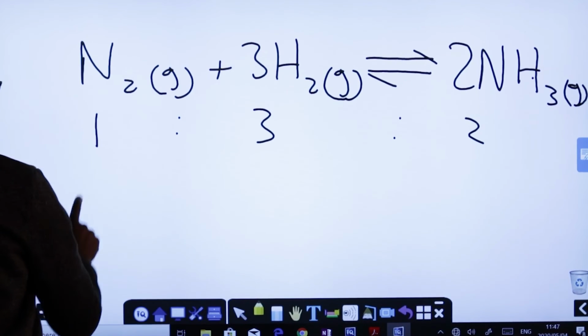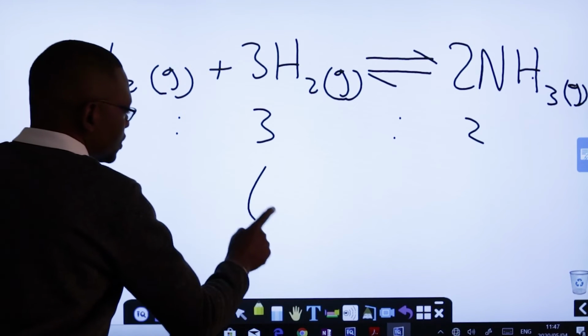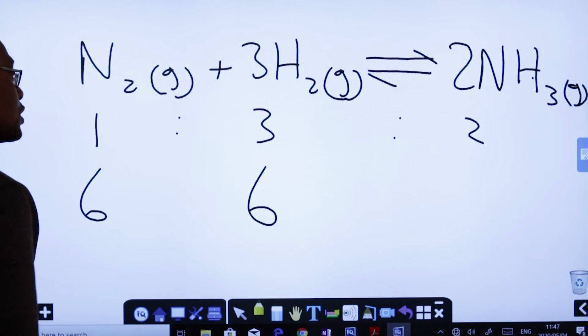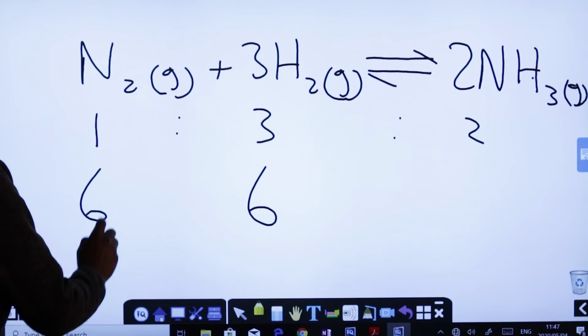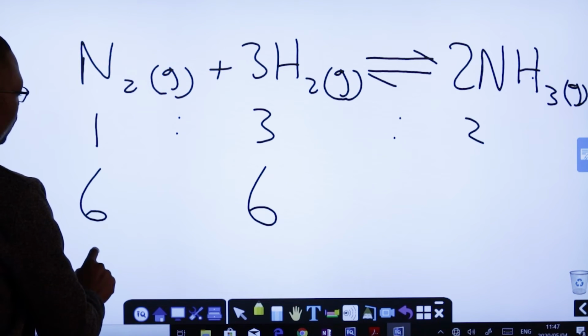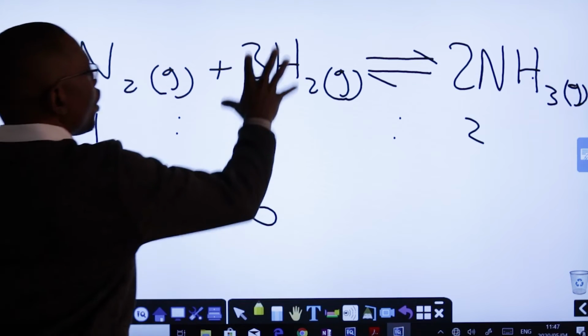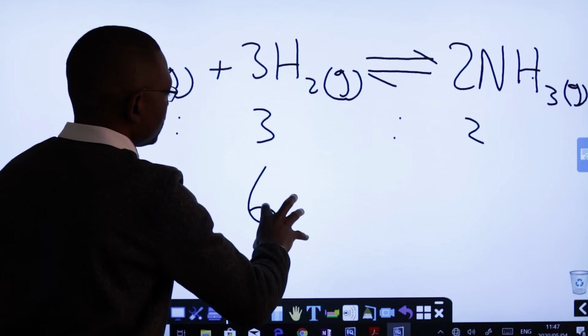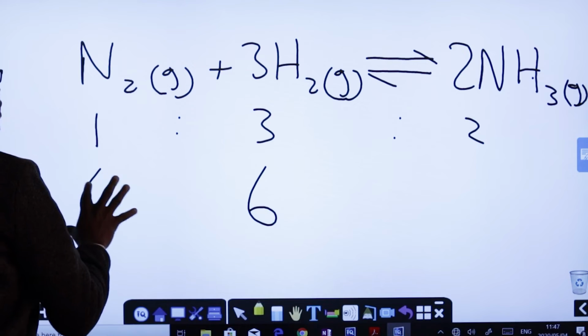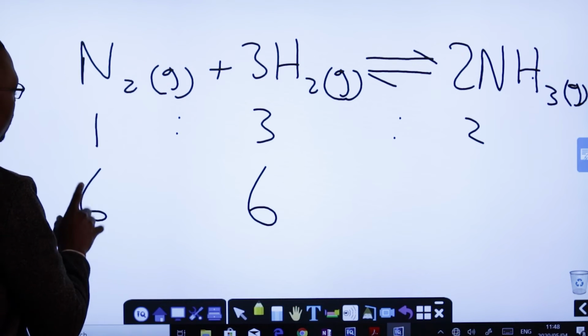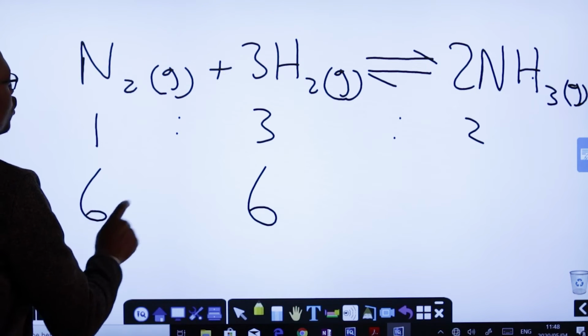But now if you bring 6 nitrogens and 6 hydrogens, what it simply means here is that we are going to use all the hydrogen, 6 moles of them, but from this side you are only going to make use of 2 moles.